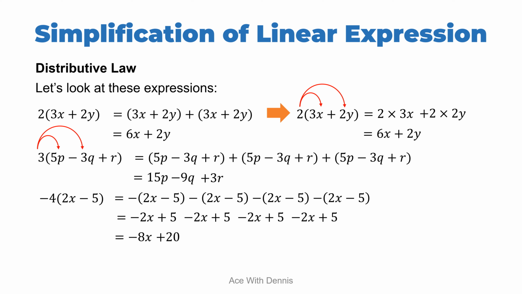Then 3 times negative 3q, we get negative 9q. Then 3 times r, we get positive 3r. Hence the answer is 15p minus 9q plus 3r. Same for the third example, negative 4 times 2x, we get negative 8x. And negative 4 times negative 5, we get positive 20. Hence, the answer is negative 8x plus 20.